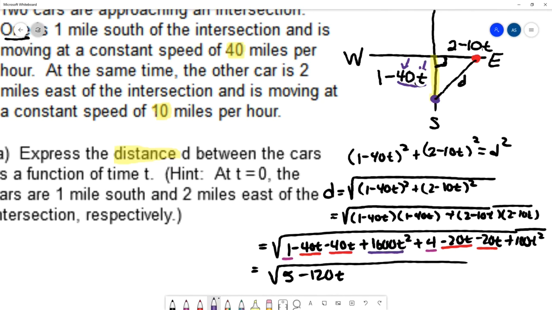And then I have like terms of 1600t squared and 100t squared. So those combine together to be 1700t squared. So this function is going to give me the distance between the two cars at any moment of time.